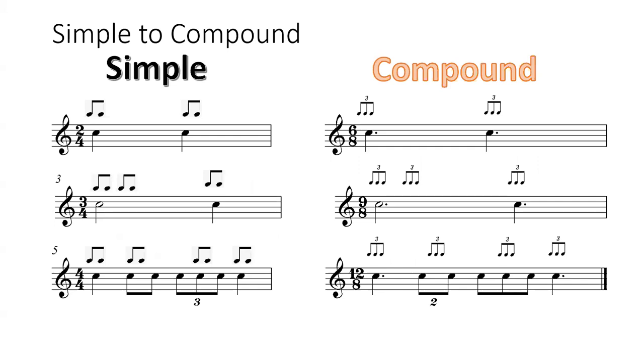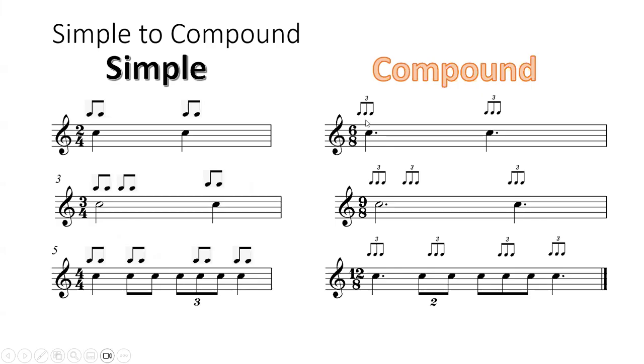Sometimes you have to convert simple to compound. So going from where the beat is divisible by 2 to where the beat is divisible by 3. Okay, so if you imagine this is your simple duple time, because there's 2 beats in a bar.